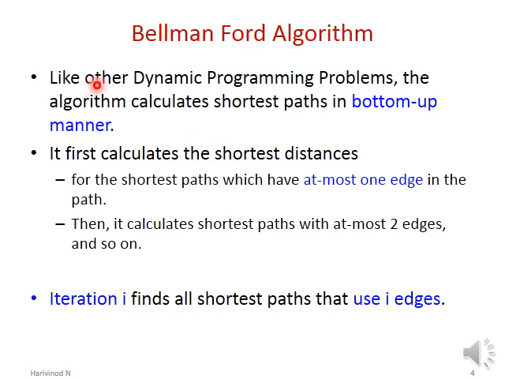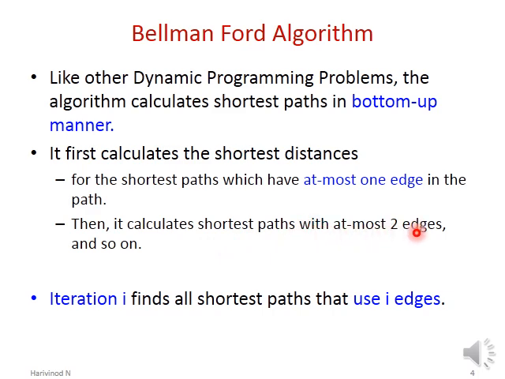Like all other dynamic programming problems, this algorithm also computes the shortest path in the bottom-up approach. It first calculates the shortest distances for the shortest paths which have at most one edge in the path. Then it computes the shortest path with at most two edges.